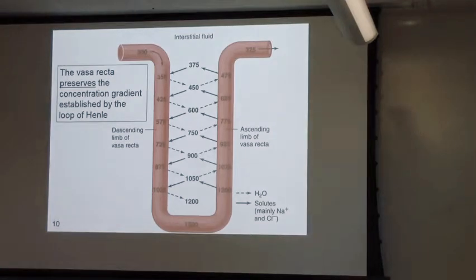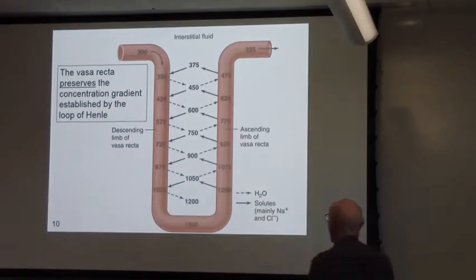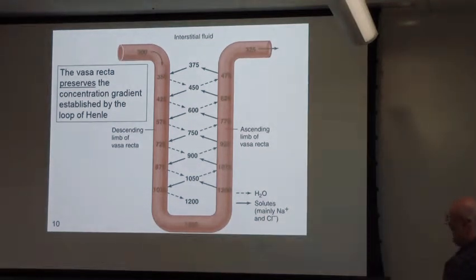And so what flows out is only slightly hypertonic to what flowed in, instead of being dramatically hypertonic. Is that clear? So the loop of Henle creates the hypertonic peritubular space, and then the vasa recta provides blood flow and preserves the hypertonic peritubular space.